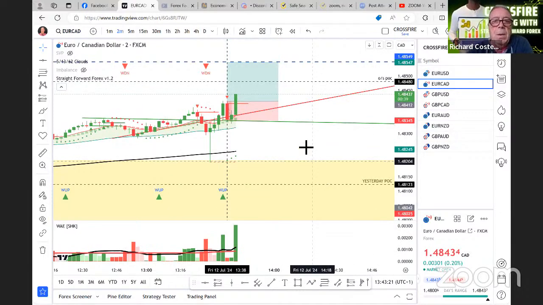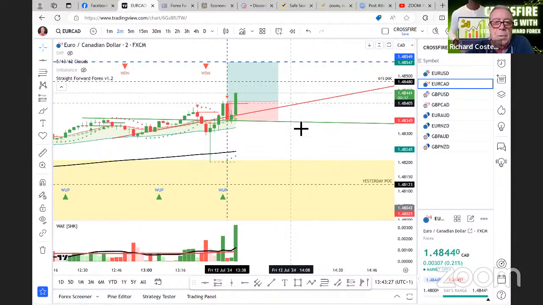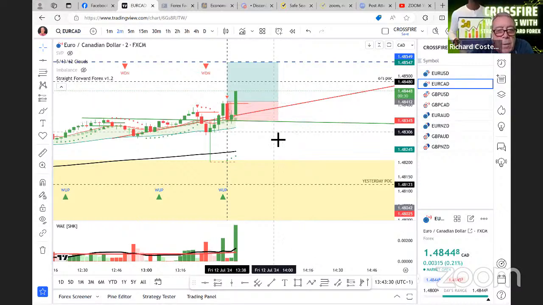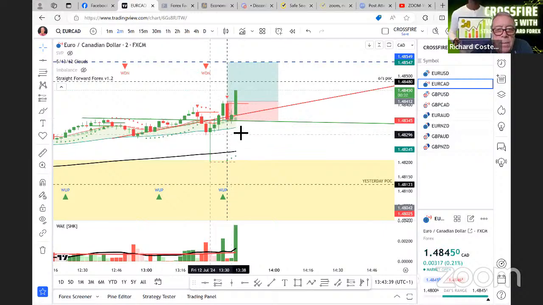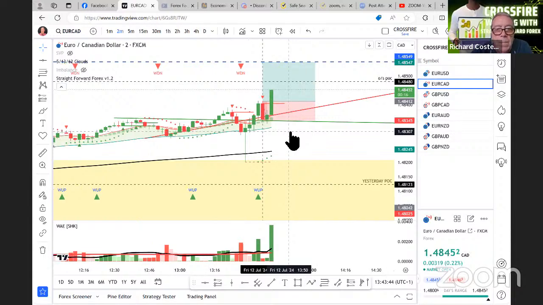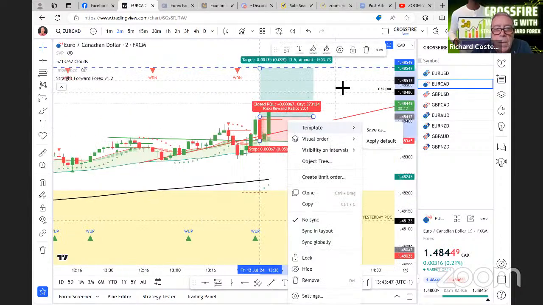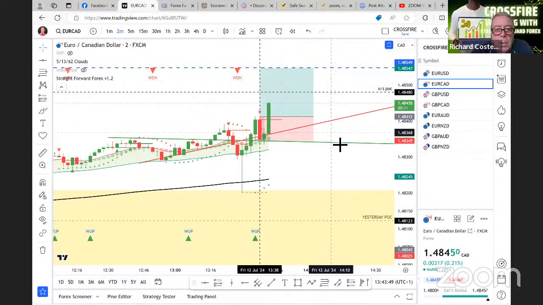So I'm just trying to see if I could have avoided that by waiting a little bit longer. Yeah, if I'd got in, I would have put my stop loss further down if I'd waited a bit longer. But there was no indication because we were in a wave up.